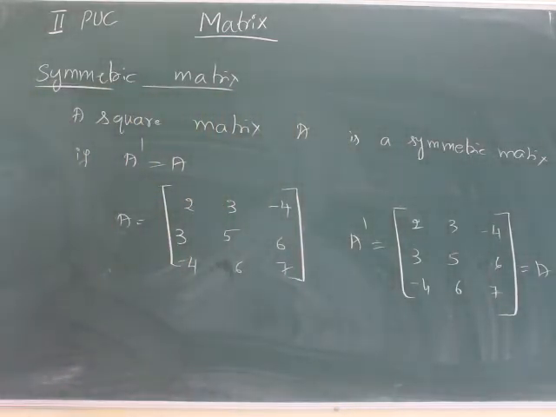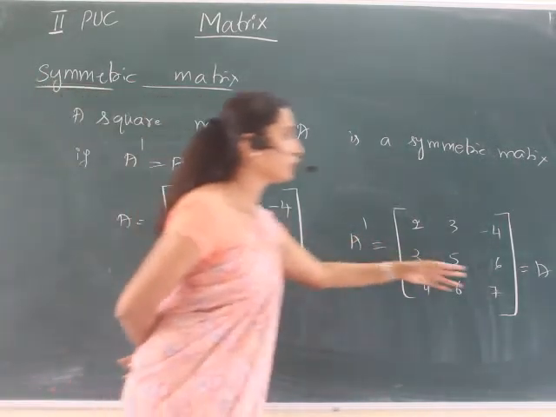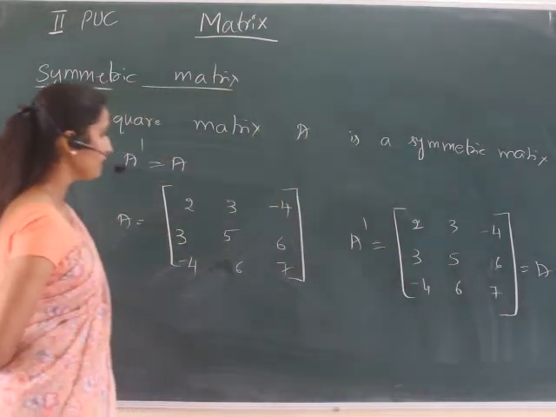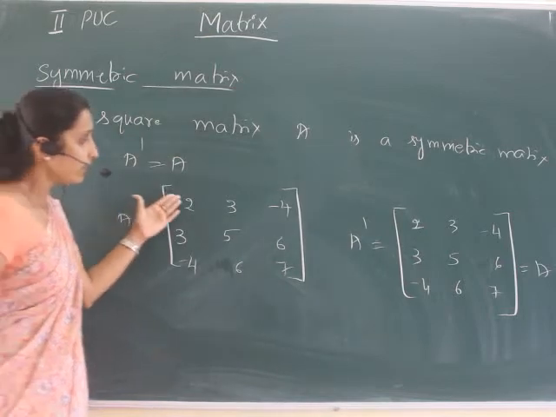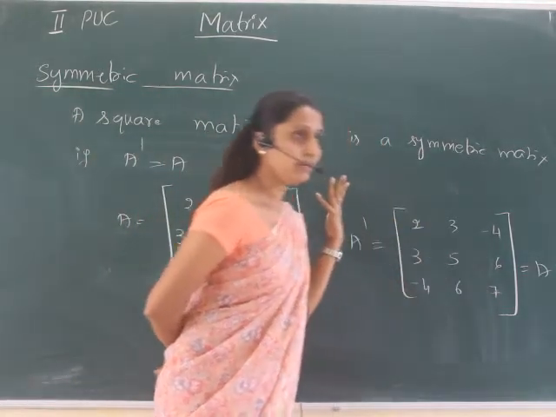Therefore, a square matrix is said to be a symmetric matrix when the condition is A transpose equal to A. You can see the elements of these. When A transpose and A are equal, the diagonal elements can be any element.